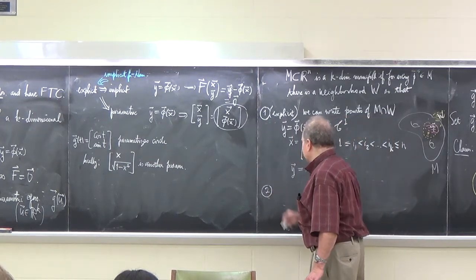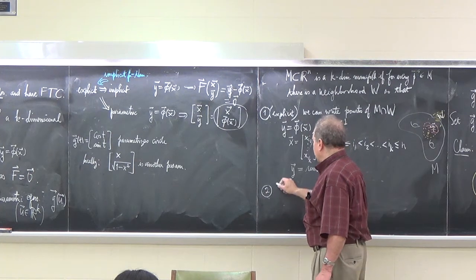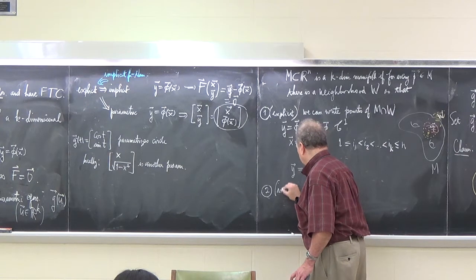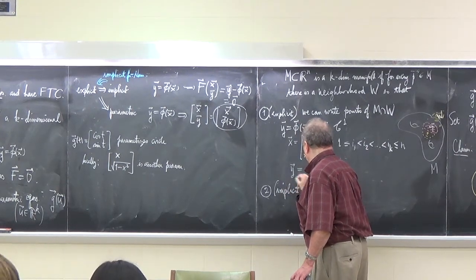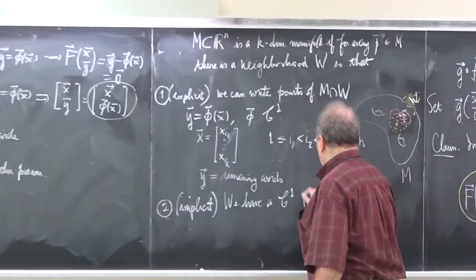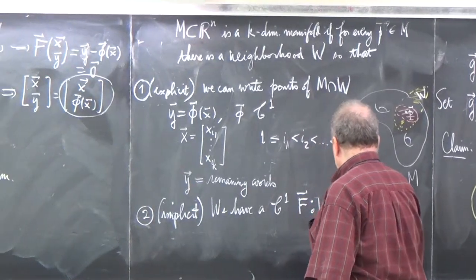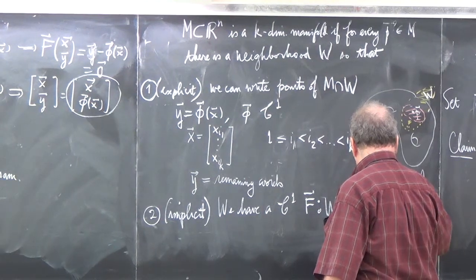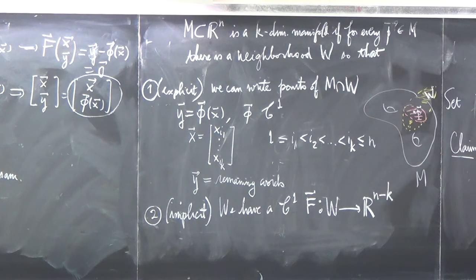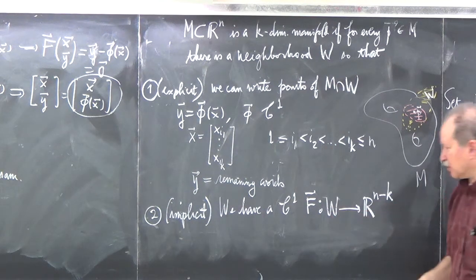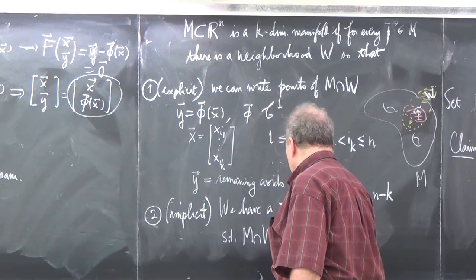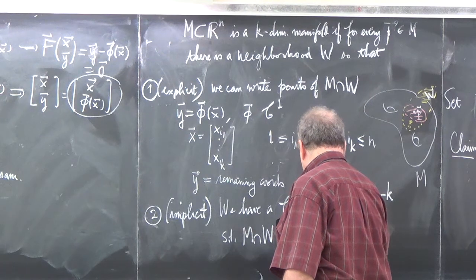The implicit is that there is some function, we have a C1 function f mapping this open set W to R^(n minus k). So I have to give n minus k equations to define something k-dimensional, so that M intersect W is the preimage of 0.